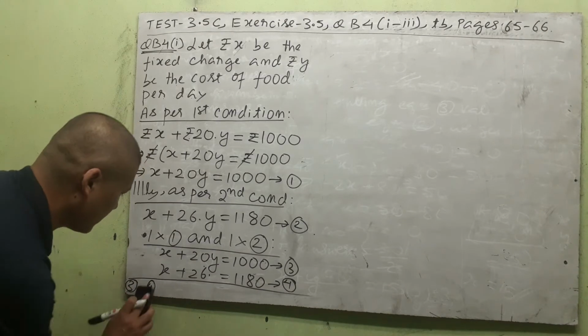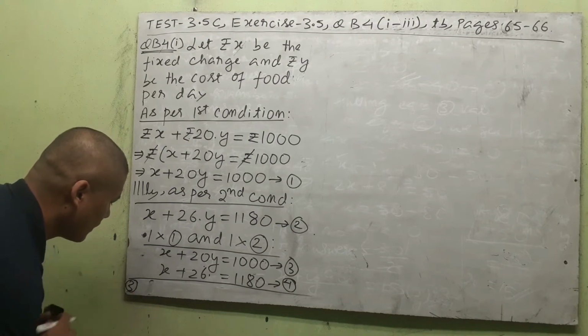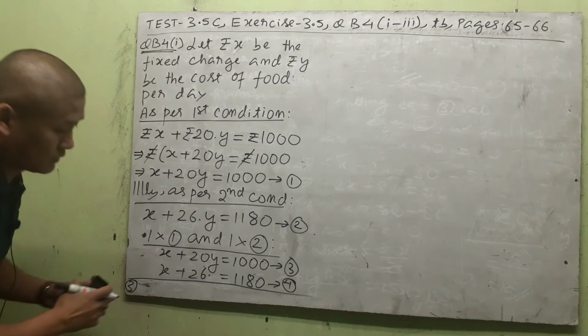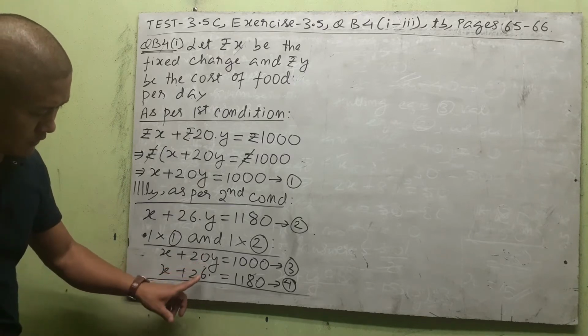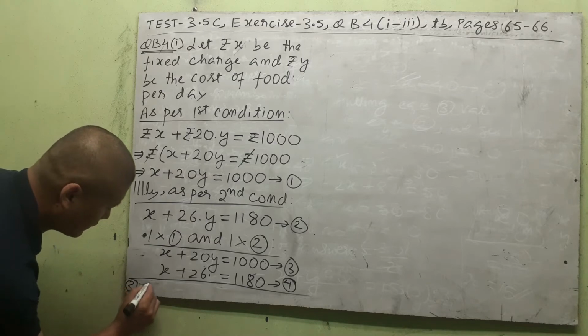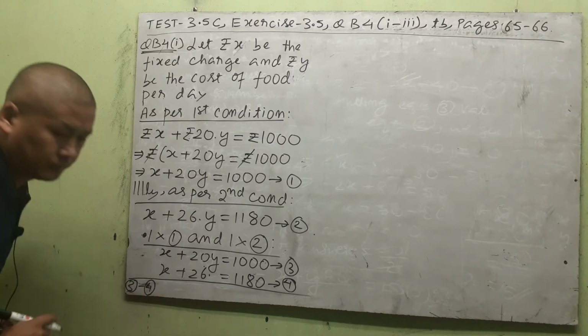If they are different, one plus and the other minus, we do 3 plus 4. Here they are the same, plus 1 plus 1. The equated terms are not equal, like 20 and 26, but this is 1 and 1, so equated. To eliminate that, 3 minus 4.